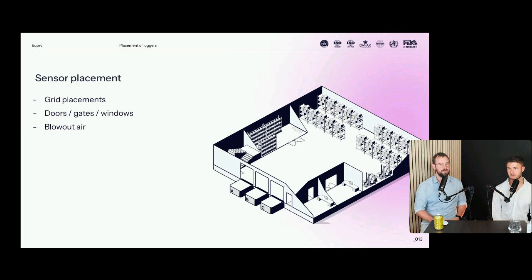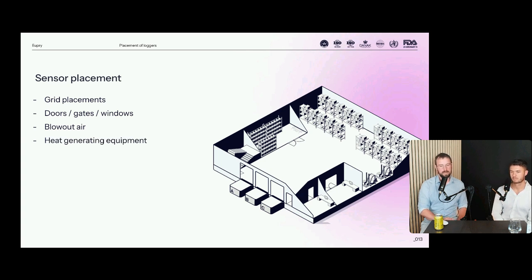So that's often one of the points that's very important, is that you don't need to monitor the blowout air of an HVAC system if it's nowhere near any products, because then there's no risk to product. So again, remember, we're talking about risk to product. Yeah, exactly. And that's the key element here.